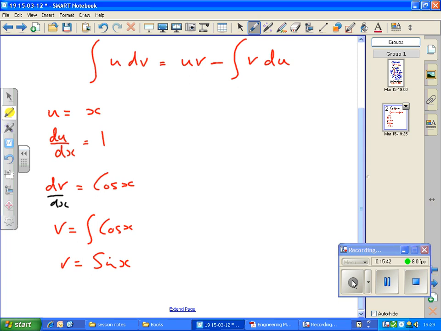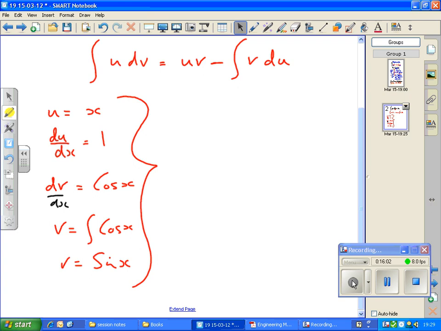So I'm part way there now. I've decided what I'm going to call u and differentiated it. I've decided what's going to be the v bit and I've integrated that. So now all I've got to do is plug them into the integration by parts rule.